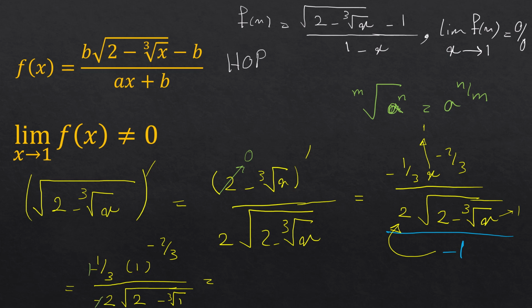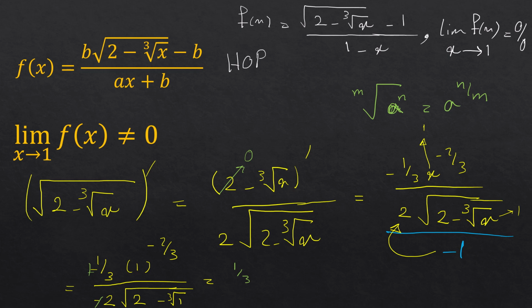This minus and minus cancel each other. What is left is 1 over 3 times 1 to the power of whatever, which is just 1, so I can ignore it.